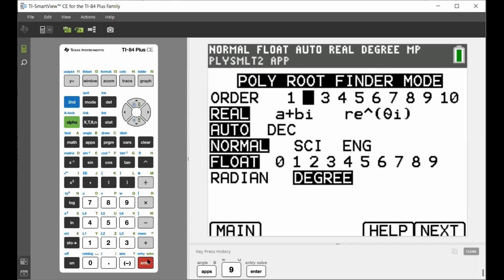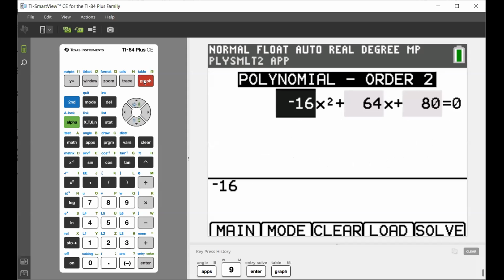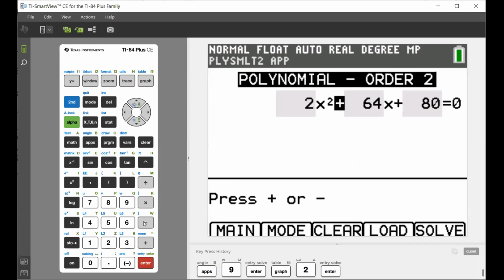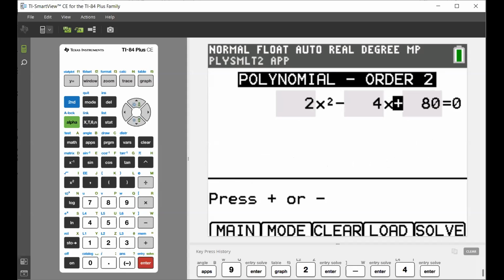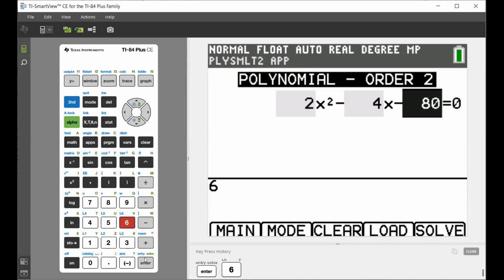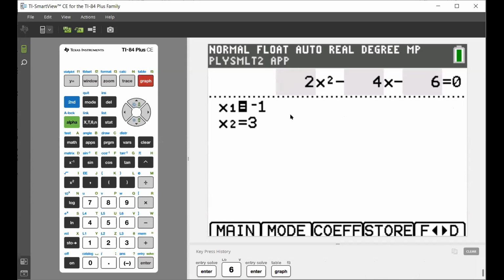I press enter. This is a second degree equation, so that's good. Then I go to next, and I just type in the coefficients, which were 2x squared minus 4x minus 6. Okay, so I just type it in the way it looks on my paper. I need to solve next, which is alpha 5, the F5, and there are the solutions.